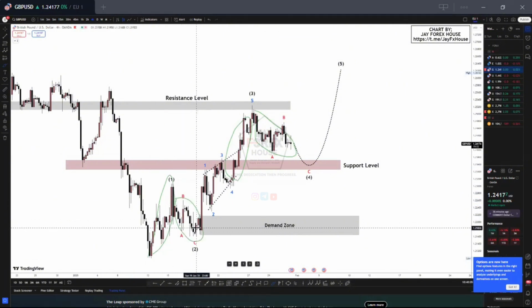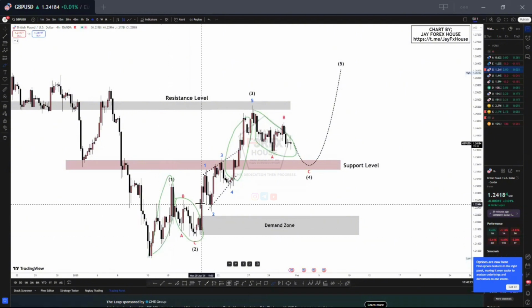This is in line with market structure, because remember we identified the trend is bullish. If the trend is bullish, then the impulse has to be on the bullish side, not the correction. So as you can see, the impulse is bullish. Impulsive and corrective terms also go into the patterns.